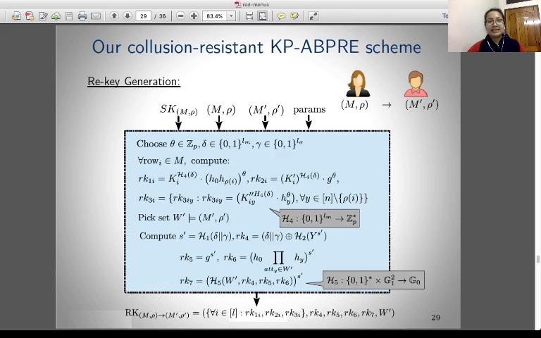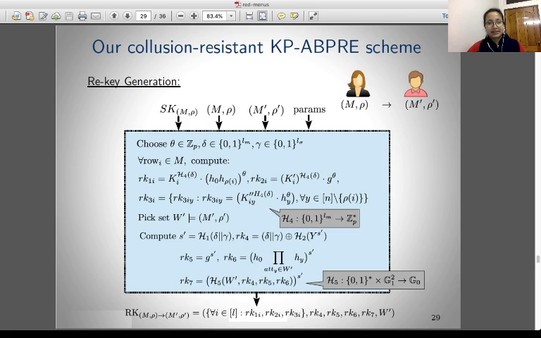Next, we have our rekey generation algorithm. It will take as input the two access structures M rho and M' rho' of the delegator and delegatee respectively. It is going to choose theta randomly and two strings delta and gamma, and for every row i of the delegator's access structure matrix M, it is going to compute the components rekey 1i, rekey 2i and rekey 3i as shown here.